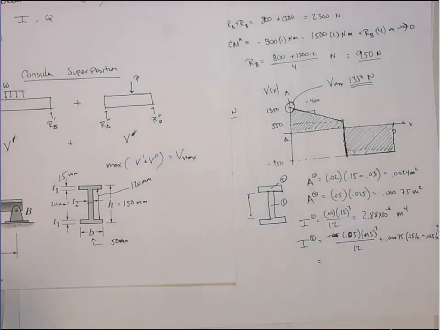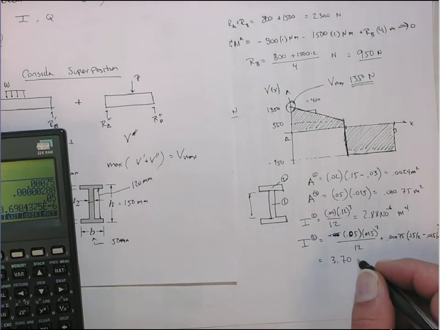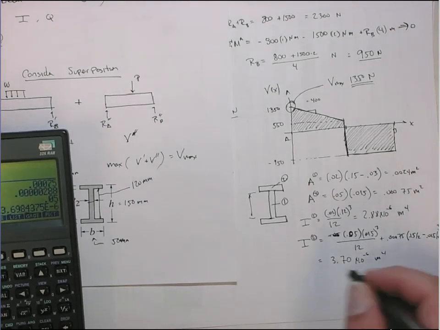So that then becomes 0.05 times 0.015 cubed, over 12, plus 0.00075 times 0.15 divided by 2, minus, so this is 0.0675, square that, add those two together, and this becomes 3.70 times 10 to the minus 6 meters to the fourth.